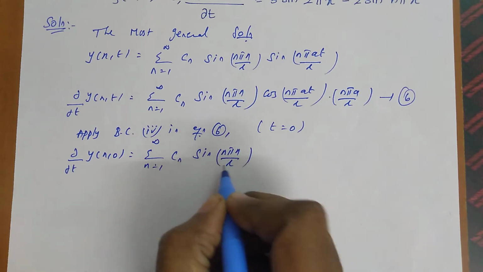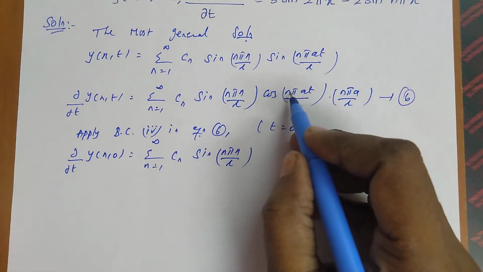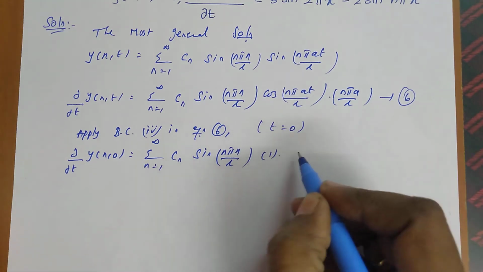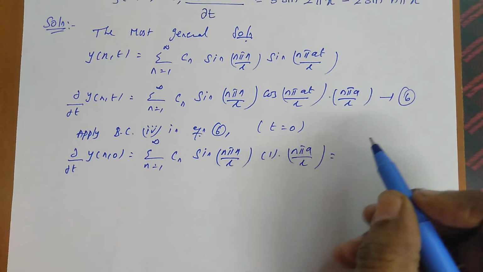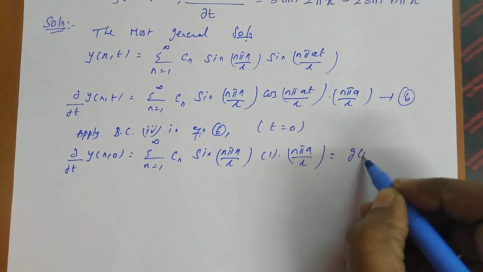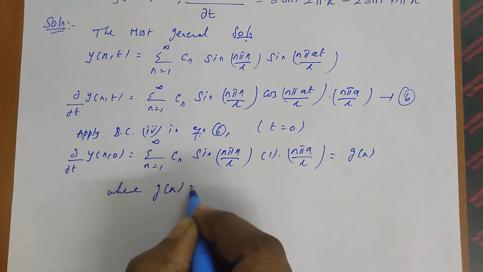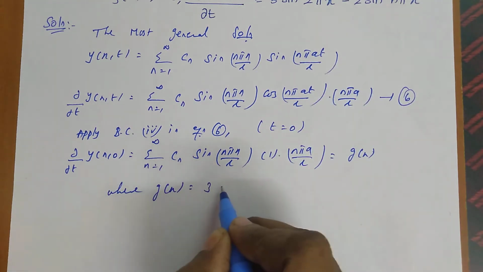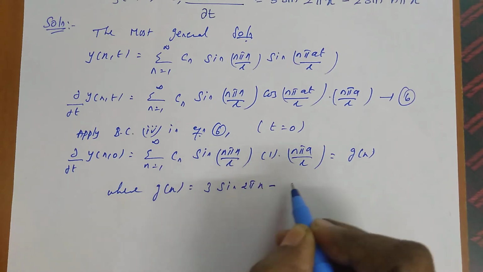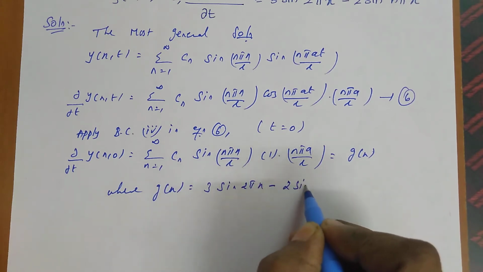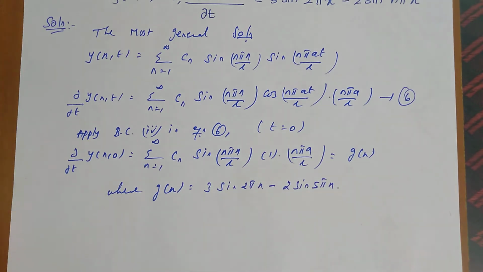There is no t, so this term will come as it is. When t = 0, cos 0 value is 1. So 1 into nπa/L = g(x), where g(x) is, given in the question, 3 sin 2πx − 2 sin 5πx.